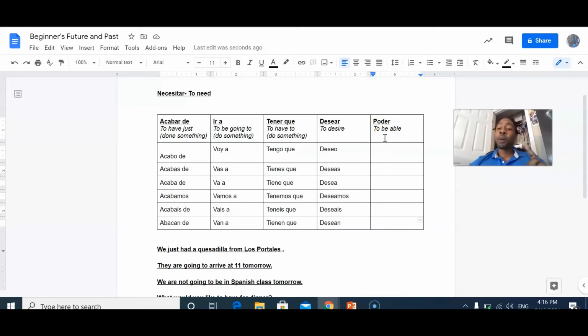quiere saber un poquito más, pero voy a explicar esto un poquito más en el próximo capítulo de cuando hablamos de los verbos de cambio radical. Entonces, cuando conjugamos poder, decimos yo puedo, or I can. También tenemos tú puedes, él o ella o usted puede.